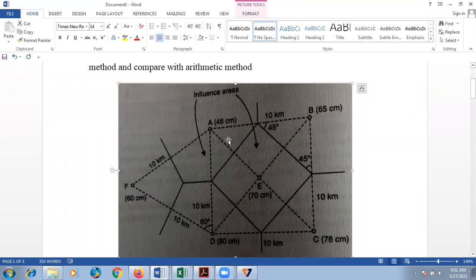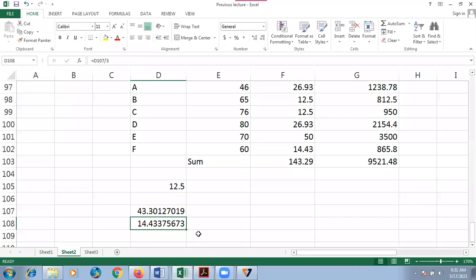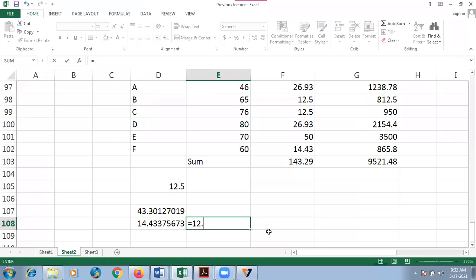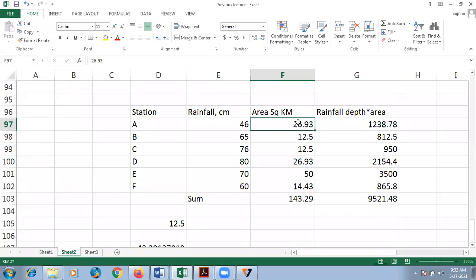Therefore, the polygon area for A is this 12.5 plus 14.43. I will write that here: equal to 12.5, the area which is already determined, plus this 14.43. If we calculate that, it becomes 26.93. That is written here: the area under A is 26.93.